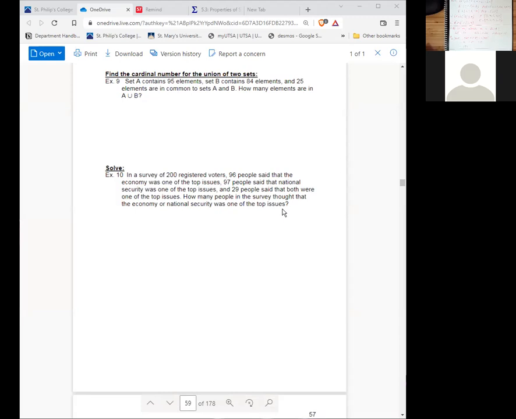How many people in the survey thought that the economy or national security is one of the top issues? So basically, this or piece right here is telling you that that means a union. Okay. That's the hint.